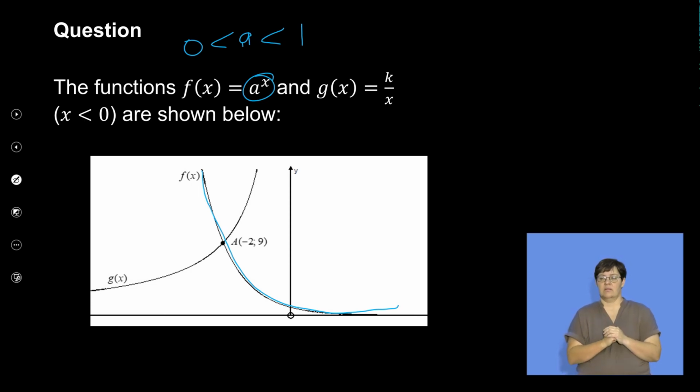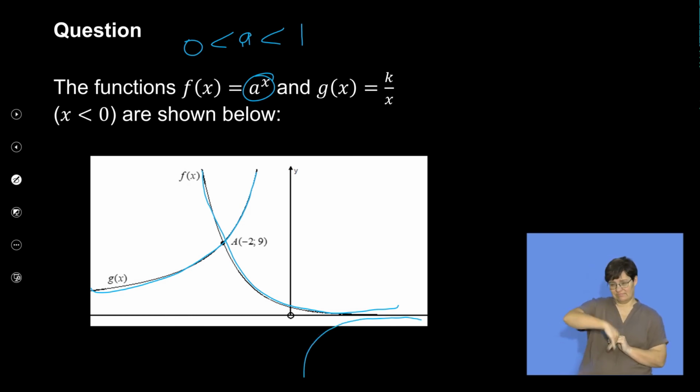Then the graph of g of x, which is k over x, will look something like this. That is the same as your hyperbolic function. The other arm we know is normally down there, although I did not really show it here.